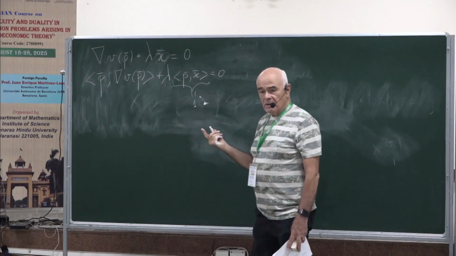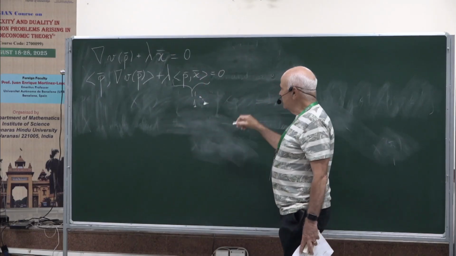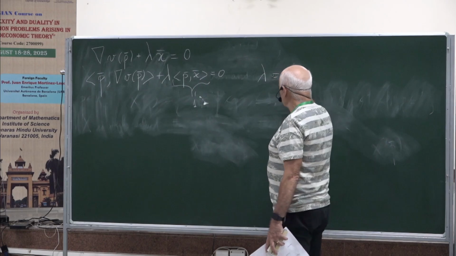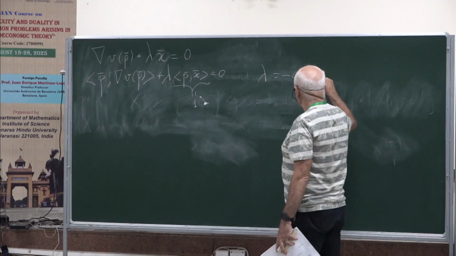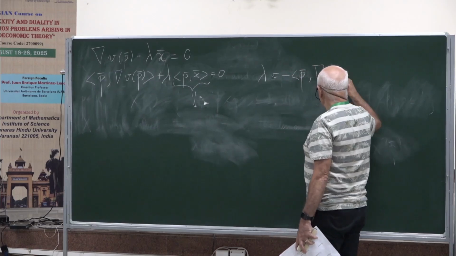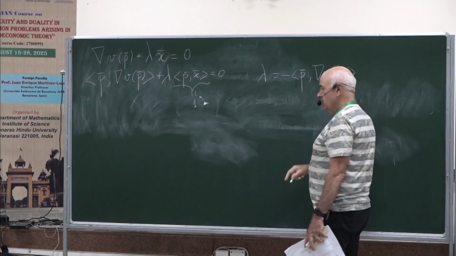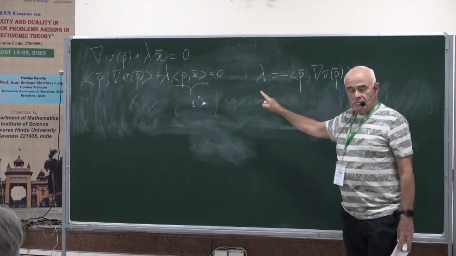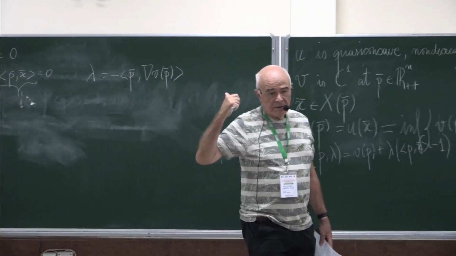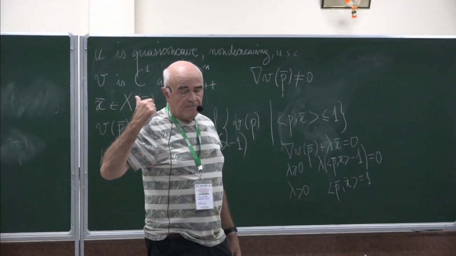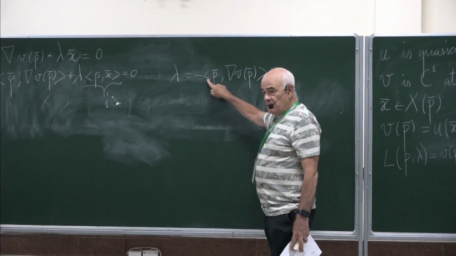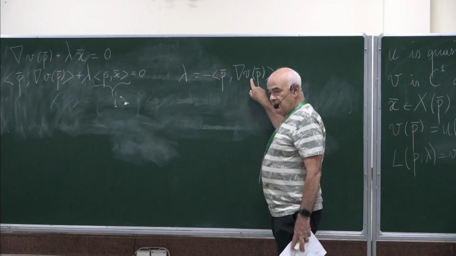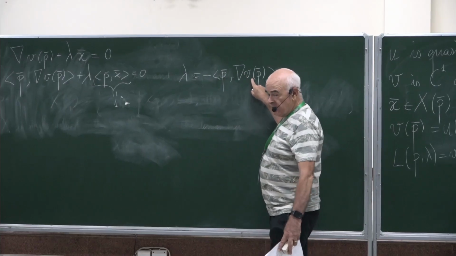So I know the Lagrange multiplier. Lambda is equal to minus P bar times the gradient of V at P bar. Don't get confused by this minus sign. This lambda is positive because this is positive and this is non-positive.